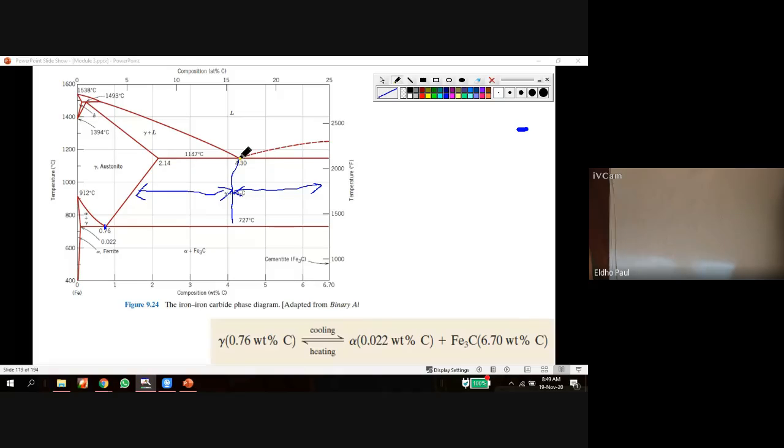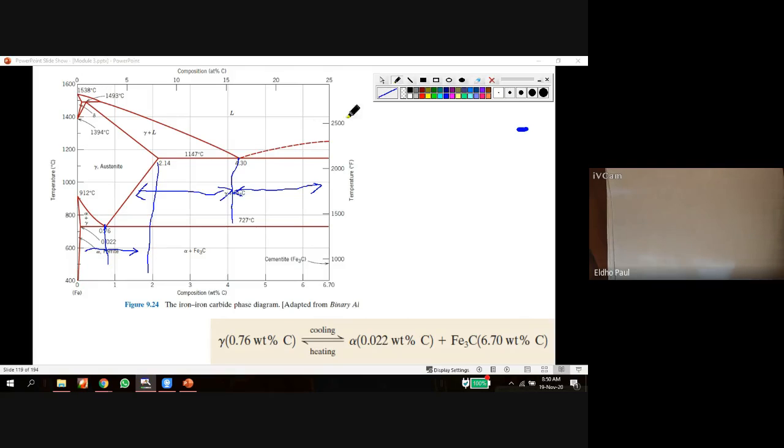To the left of the eutectic point is hypoeutectic, and to the right of this line is hypereutectic. Here, at the eutectoid point, to the left it is called hypoeutectoid, and to the right, up to 2.14, it is hypereutectoid.